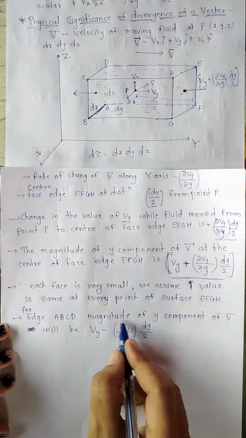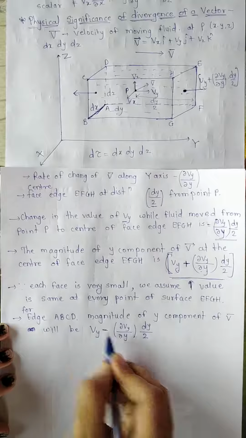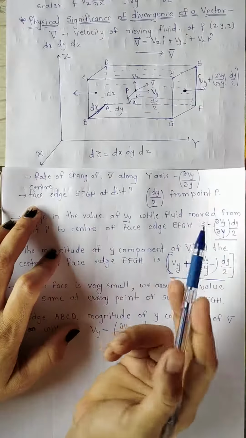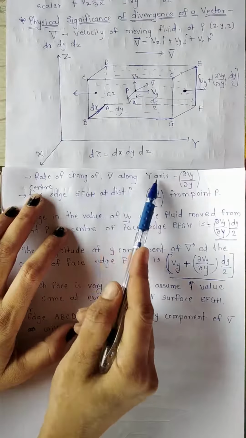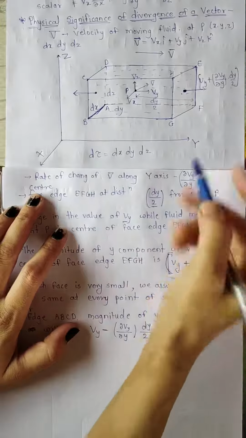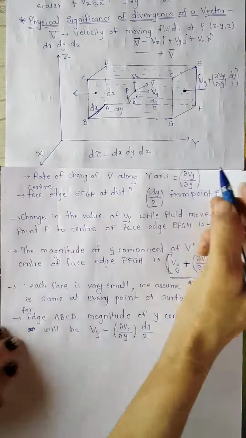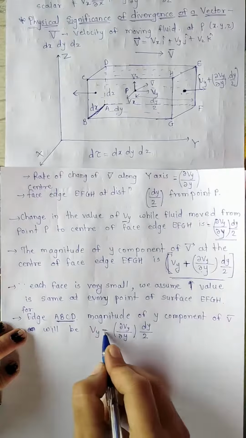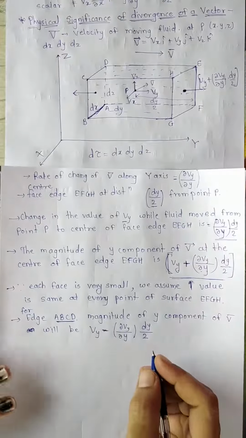So this quantity is negative, due to which we get a minus sign here. Meaning for the rate of change of V bar along negative y axis, this quantity will be negative for this second edge, that is ABCD. Therefore here we got a negative sign.